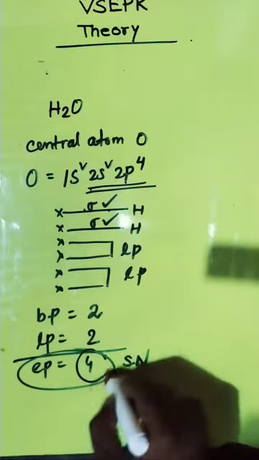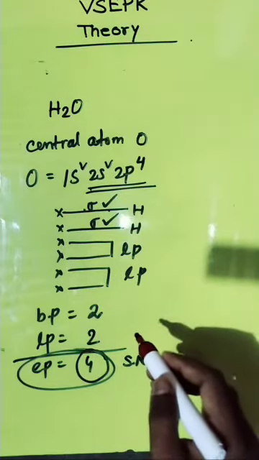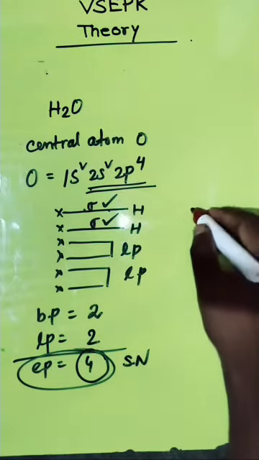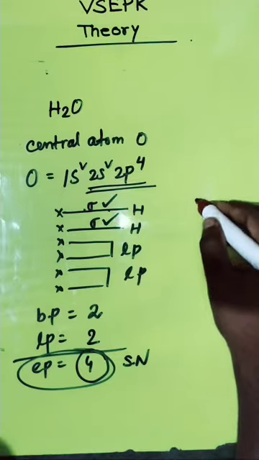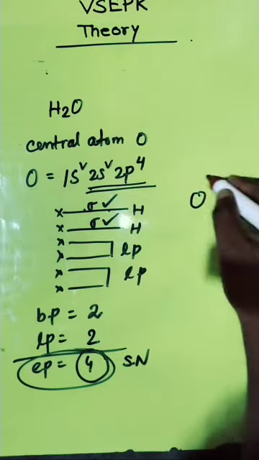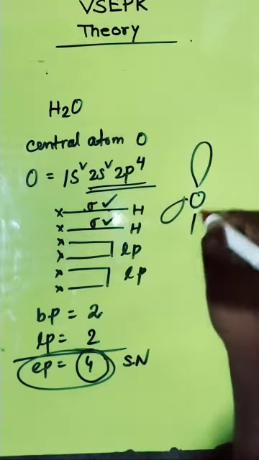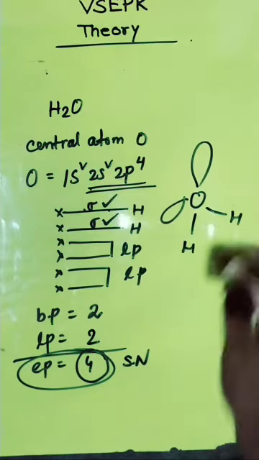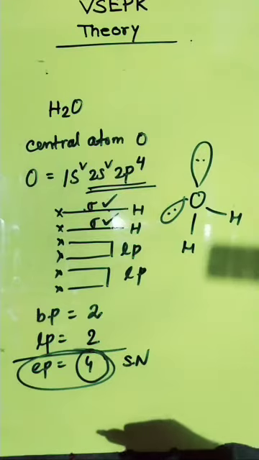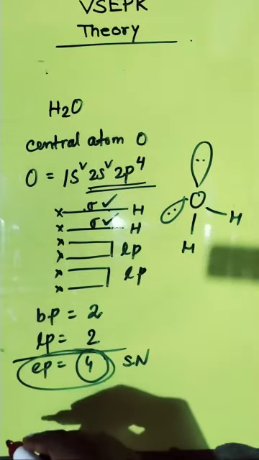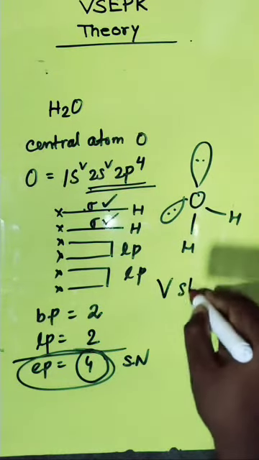So if steric number equals 4, then the structure is tetrahedral, but as there are 2 lone pairs, the structure looks like this, and it is actually a V-shaped structure. This is the lone pair, and the actual shape of the water molecule is V-shape.